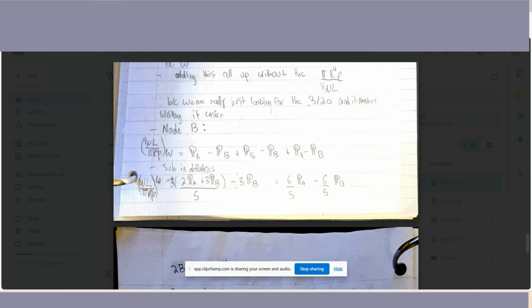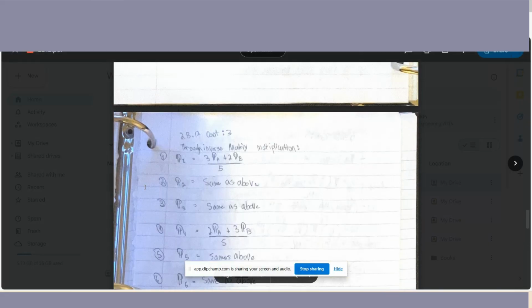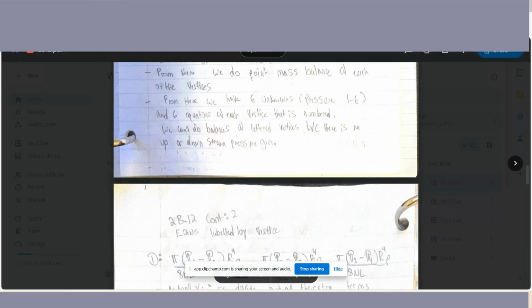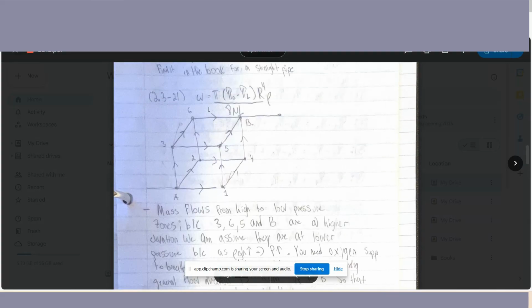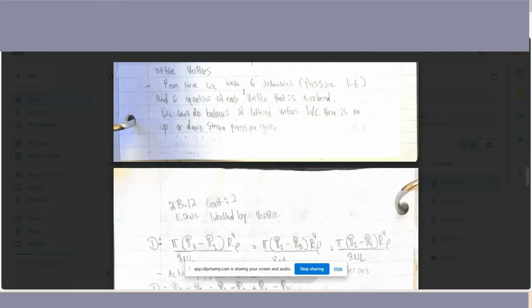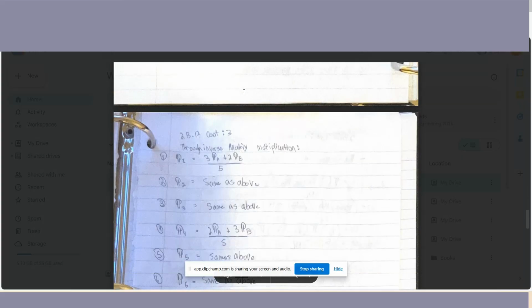So W times these terms, which is just the inverse of these outside terms. So you're basically just dividing out these terms and bringing them over to the other side to isolate the pressures, so it's just the pressures by themselves.